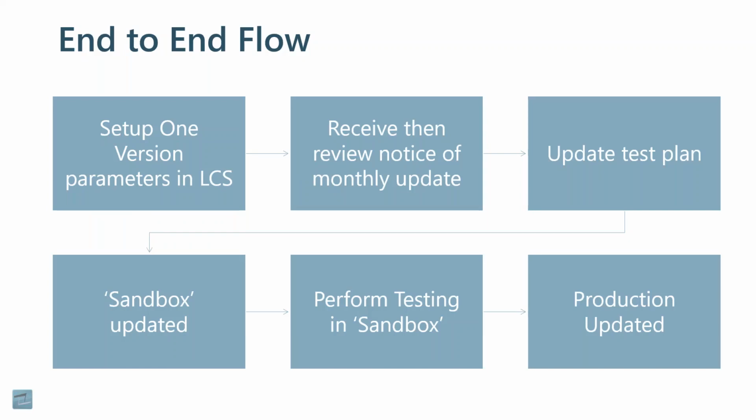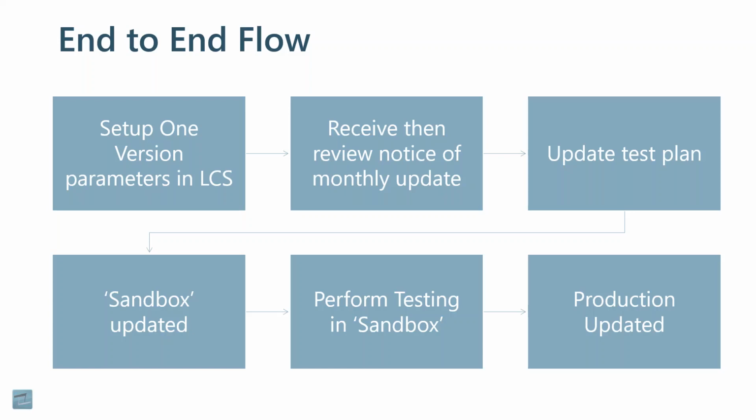So first, in LCS, you have to go in and set up your parameters. And then once you do that, you'll receive the monthly notice that says, here's what is in the update. Once you get that notice, you should decide if there's anything in that update that you specifically want to test.